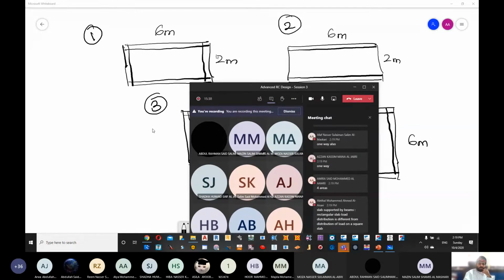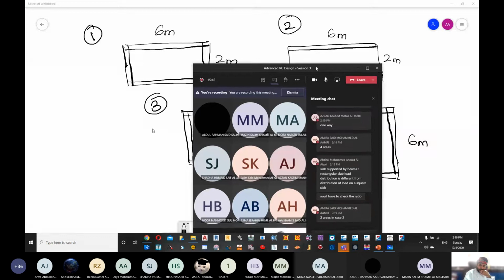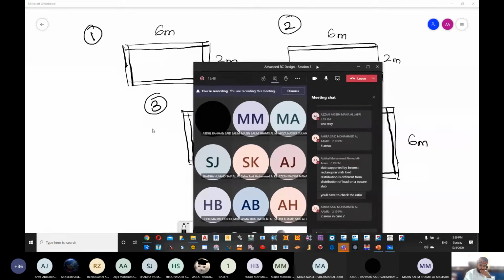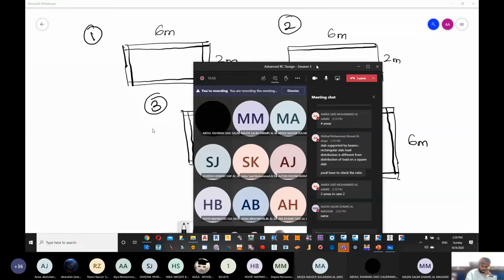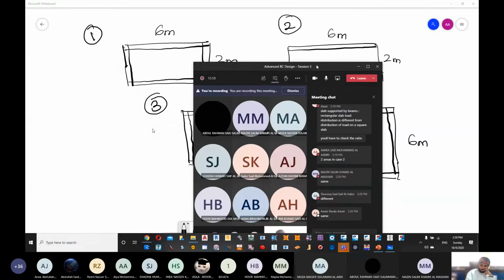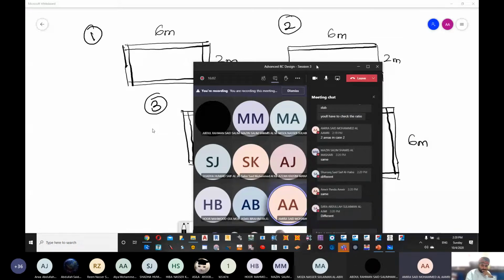No, 6 divided by 2 is more than 2, so that's going to be a one-way slab. So number 1 and number 2 are one-way slabs. Are they going to have the same or different yield lines? Different. For case 1, there will be 4 areas, and for case 2, 2 areas only.